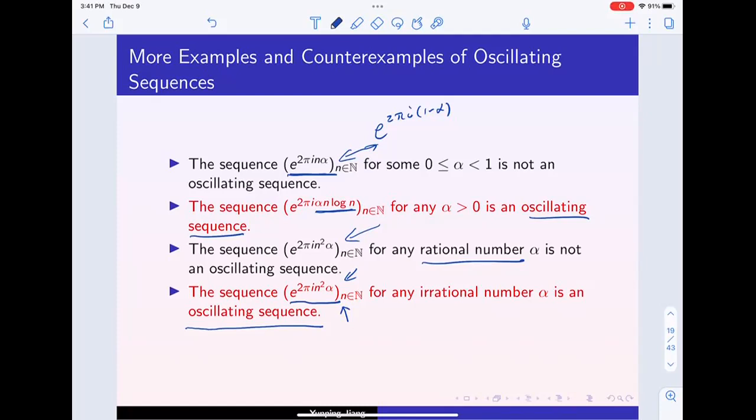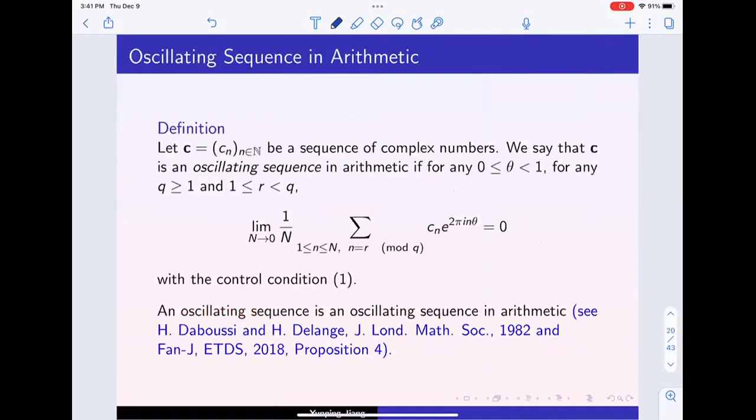Now I have another definition, but the first definition actually implies this one. This one is oscillating in arithmetic progressions.